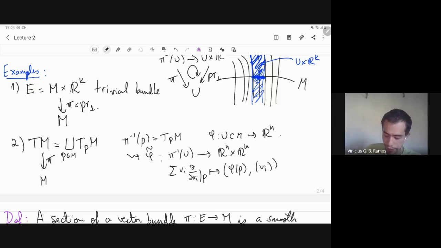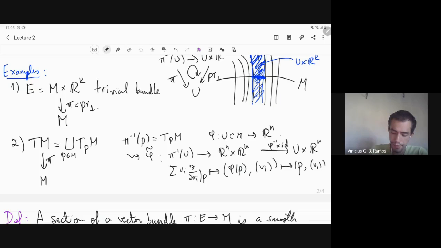But now we can just take the preimage of phi on the first coordinate, and then you get a map to U times R^n. It's an even simpler map: you just take p and then v_i. Obviously this is not defined on all of R^n necessarily.